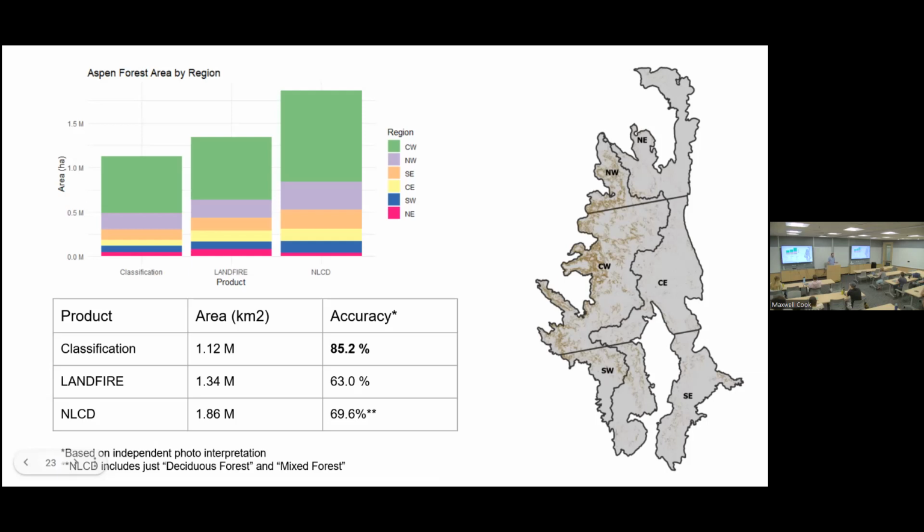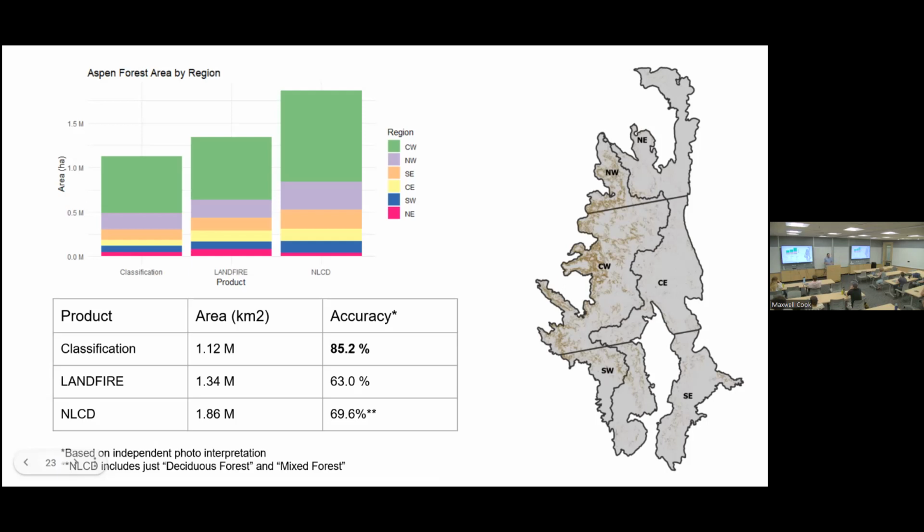So based on our independent photo interpretation, we have this table here, which is showing basic accuracy assessment, how many were correctly classified. What we're seeing with our image classification is an 85% classification accuracy, which is great. It's not the 95 that we saw in the model, but that is to be expected, right?